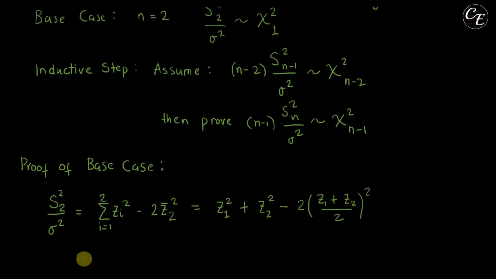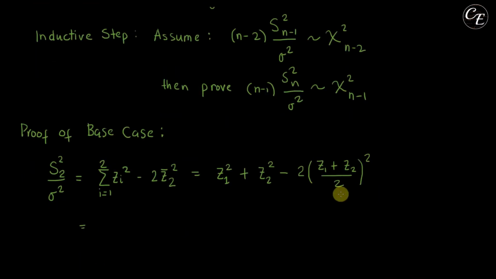Then it is equal to, this one will become 4 because of this squared, and this one will become z sub 1 squared plus 2 times z sub 1 times z sub 2, then plus z sub 2 squared. Then we have here 2 over 4 or 1/2.